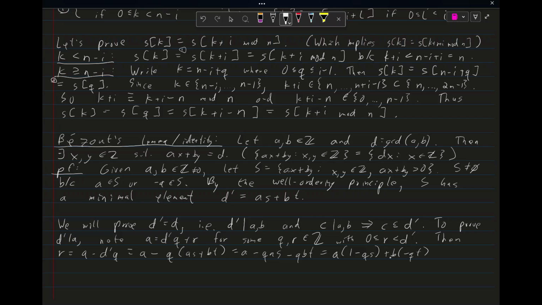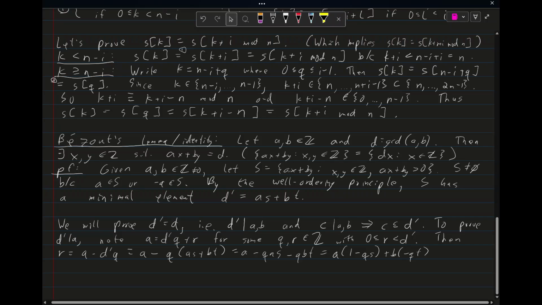Okay. And so where does this live? This is an integer combination of A and B. And we know it's greater than or equal to 0 because R is greater than or equal to 0. So either it is 0 or it's strictly greater than 0.